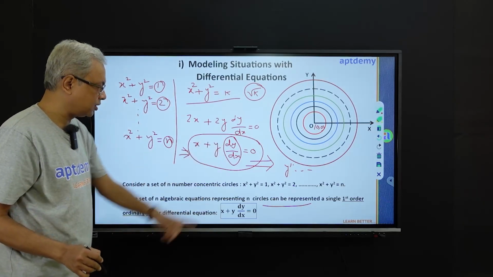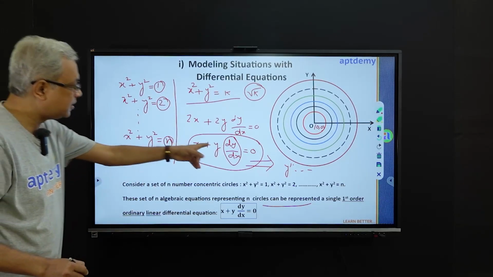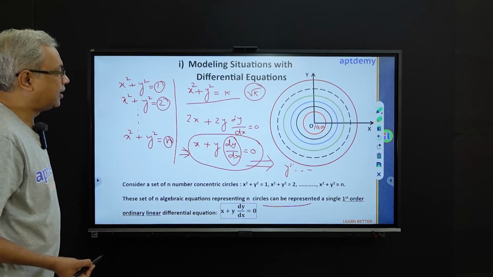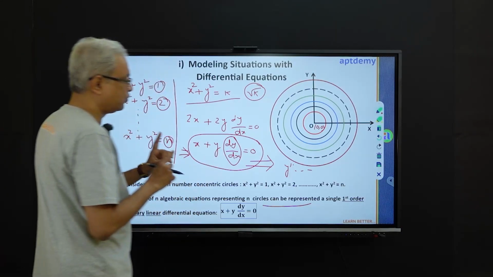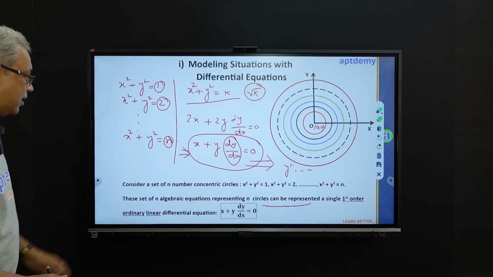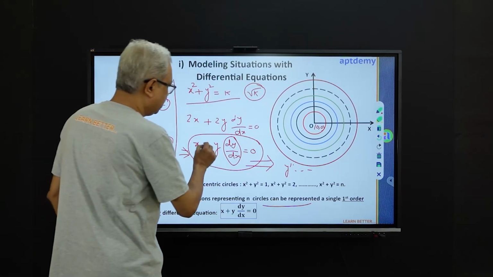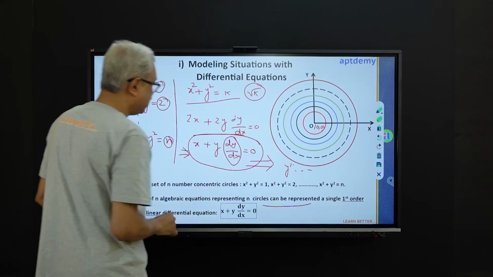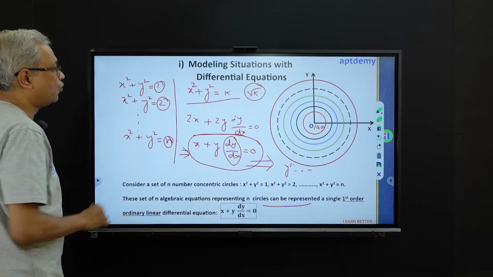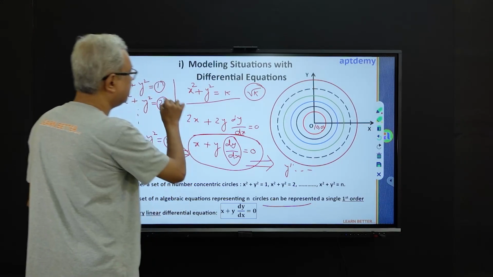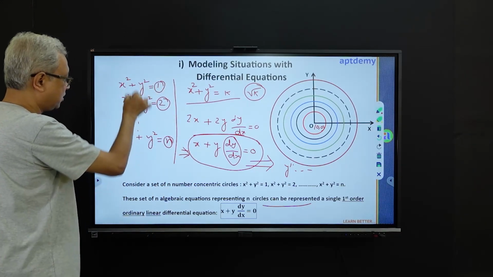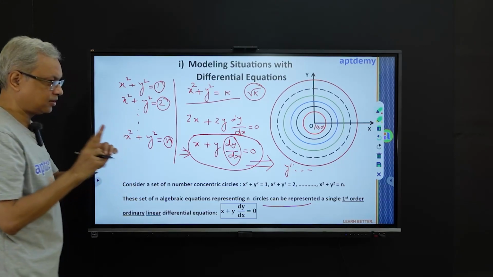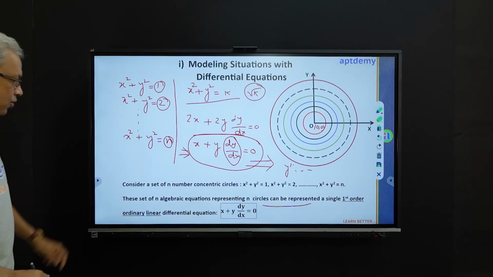It is a linear differential equation, because only linear terms of y and y dash are involved, and it is an ordinary differential equation because y can be expressed as a function of the single variable x.